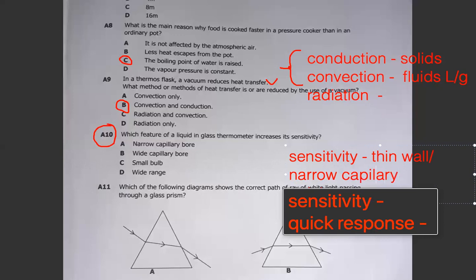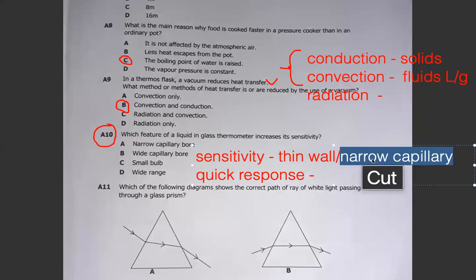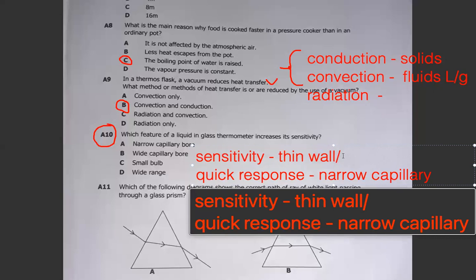A narrow capillary will enable the thermometer to provide a very, no, this is sensitivity. This is quick response now. So being sensitive is having a large bulb, and then being able to respond so quickly is a thin wall around the bulb.